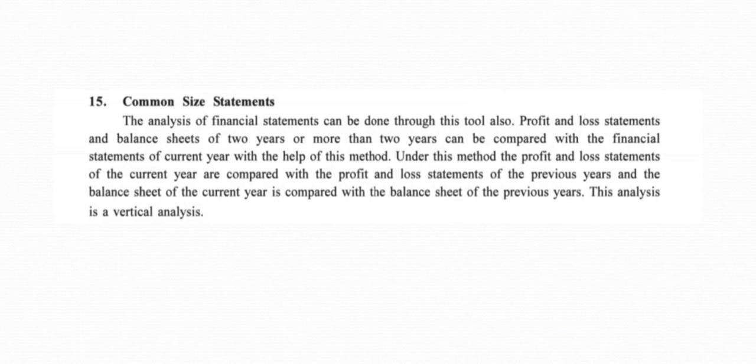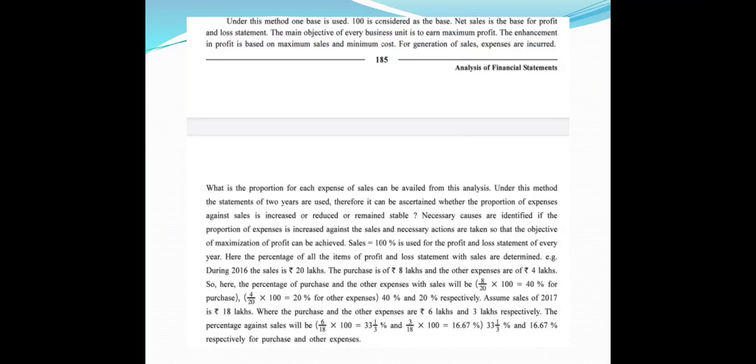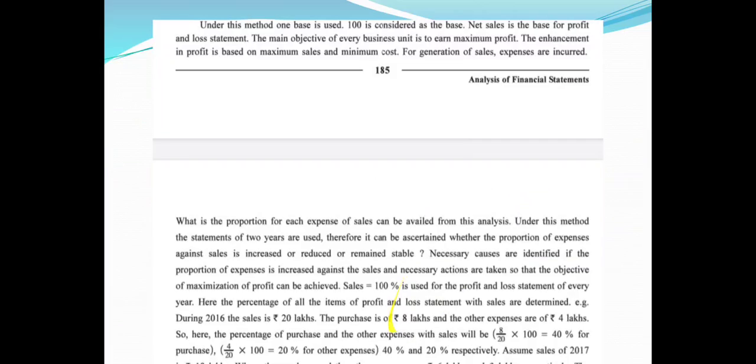Here also, in the common size statement, the statement of profit and loss account items of the current year are compared with the previous year. But what is the change? Let us see. The process of comparison is different.